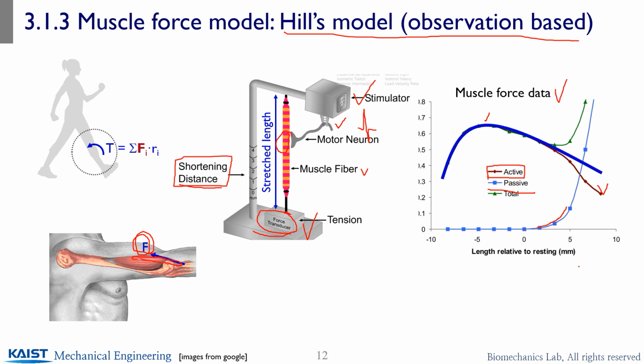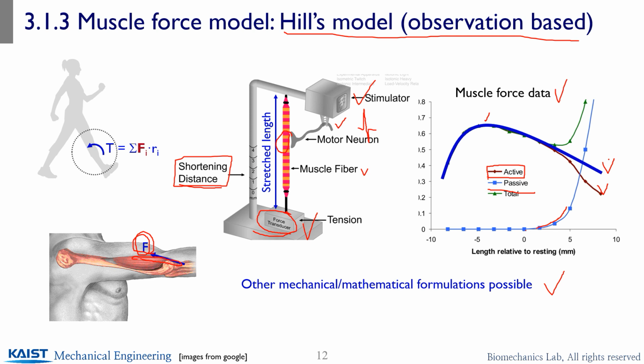So you do curve fitting to make a model for that. For the active curve, you have this kind of formula that could be used for the modeling. For passive, some exponential function is used. That's how we ended up with the modeling for the muscle. There are possibly many different mechanical or mathematical formulations, because for this one, someone would formulate it as a parabolic curve, or someone might use a trigonometric function or another nonlinear function.